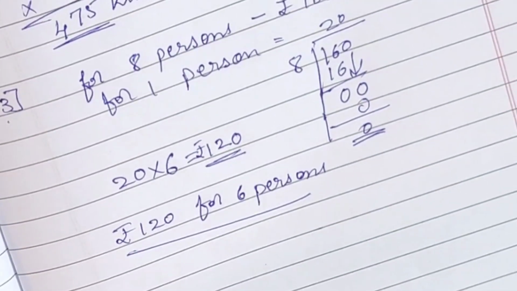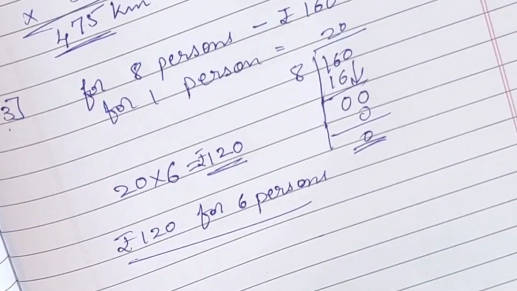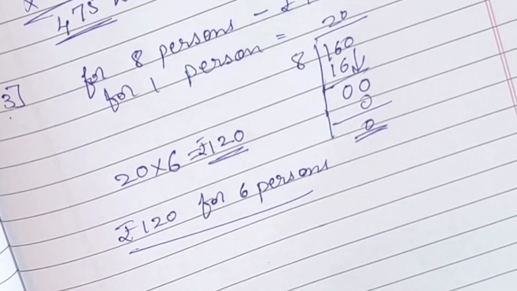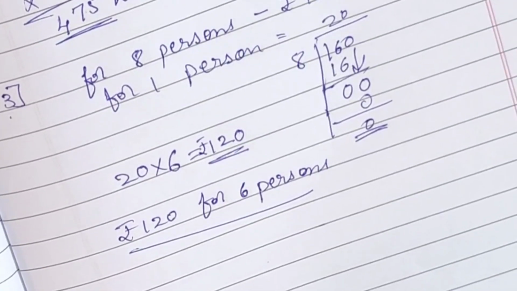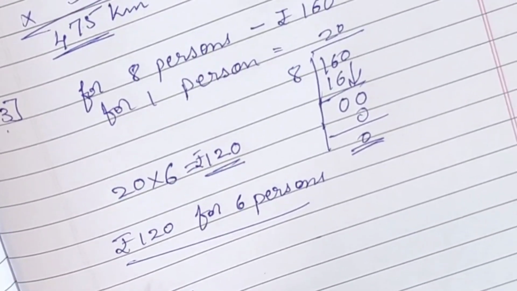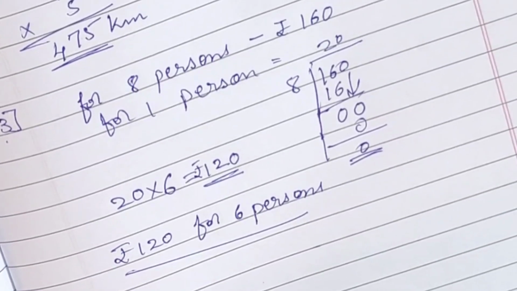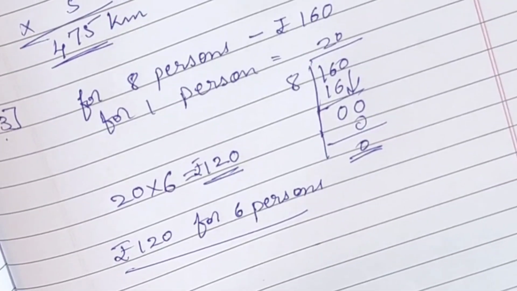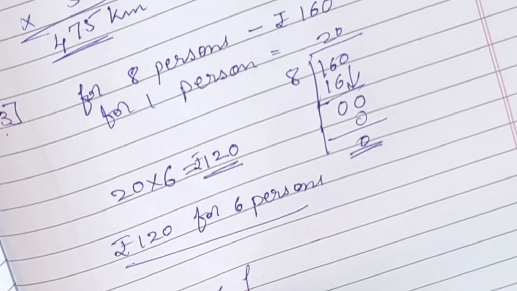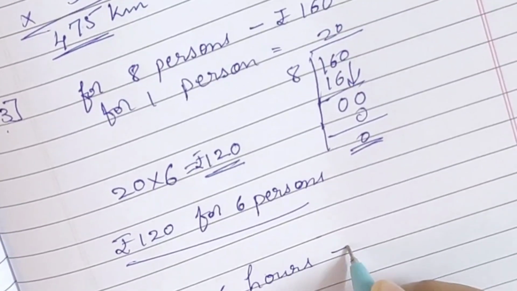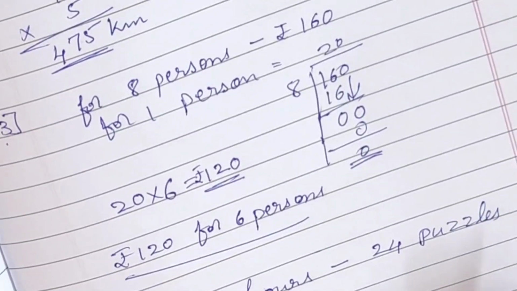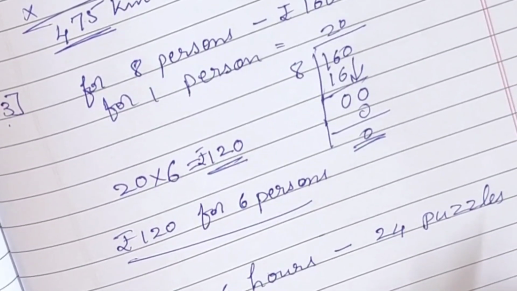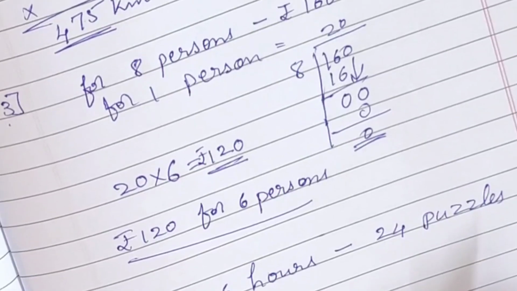Next, Sonali solved 24 puzzles in 6 hours. How many puzzles can she solve in 2 hours? So for 6 hours, she solved 24 puzzles. So now we have to solve for 1 hour.